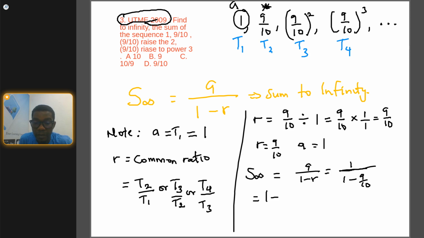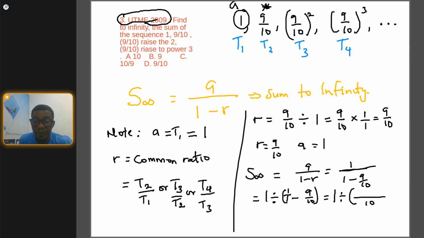So I will say 1 divided by the denominator, 1 minus 9/10. Following the rule of BODMAS, I deal with the bracket first. Inside the bracket, I find the LCM of 1 and 10, because this 1 can be expressed as 1/1. So the LCM is 10.